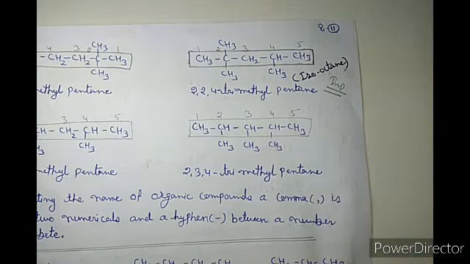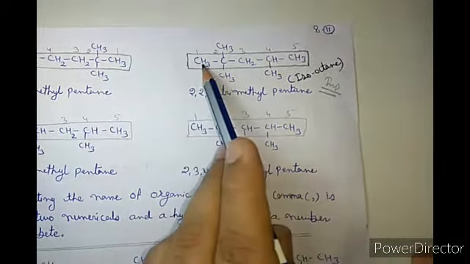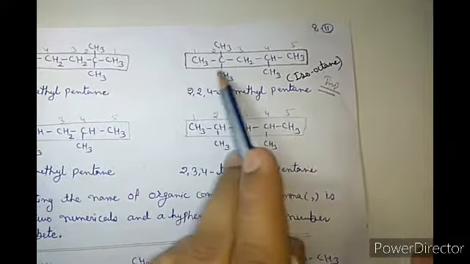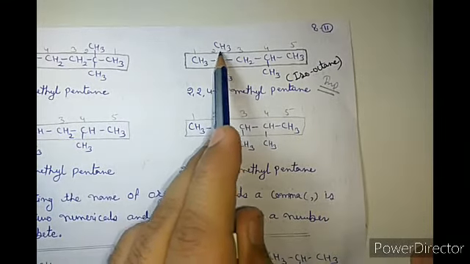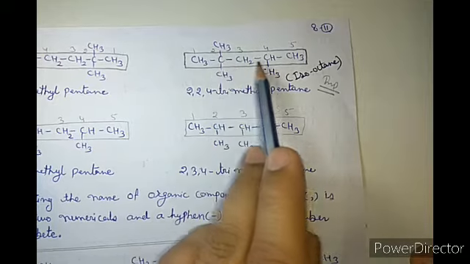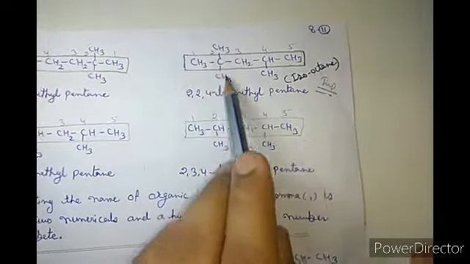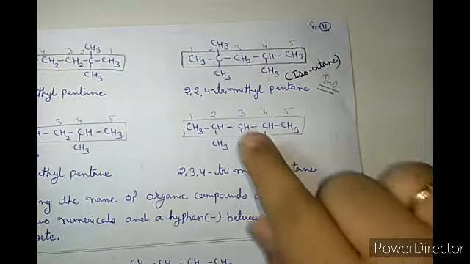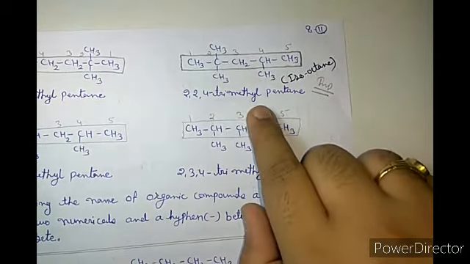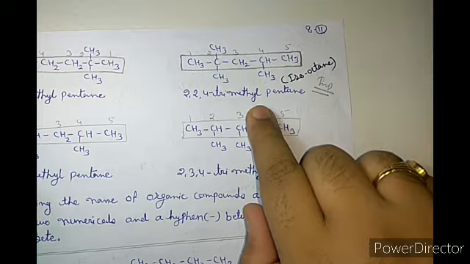Now here there is a chain of 5 carbon, and 2 methyl groups are attached at the second carbon and 1 methyl is attached at the fourth one. So there are 3 methyl groups, so the name is trimethyl. Got it?